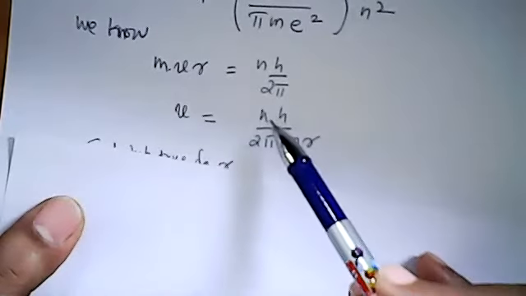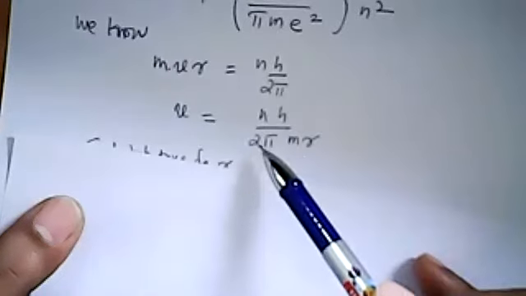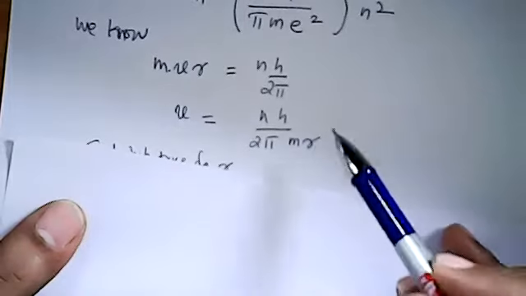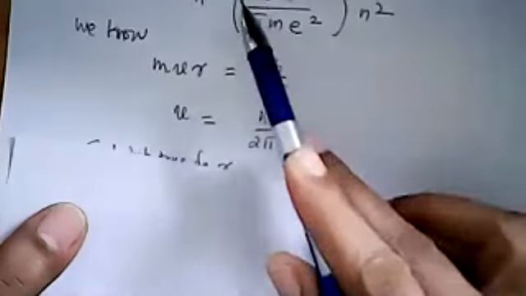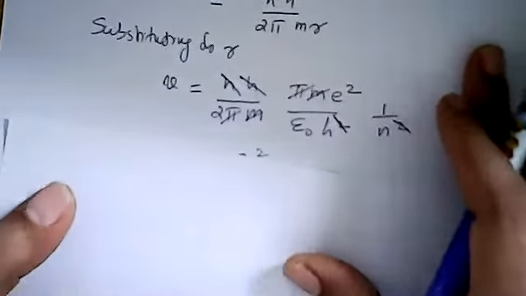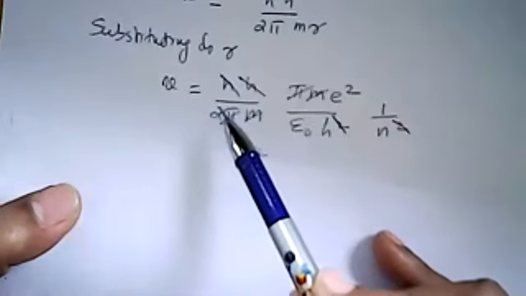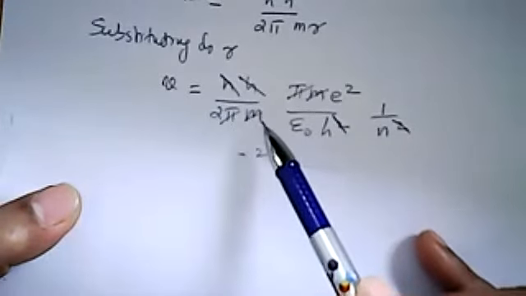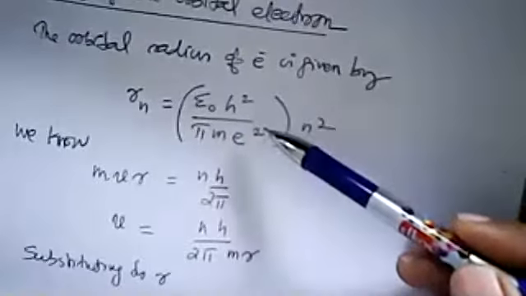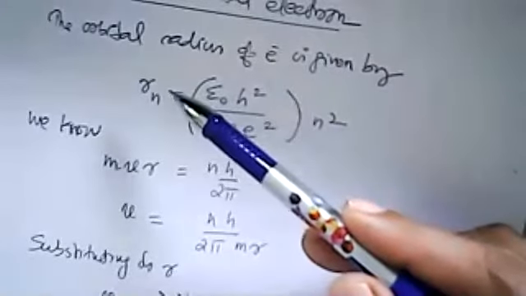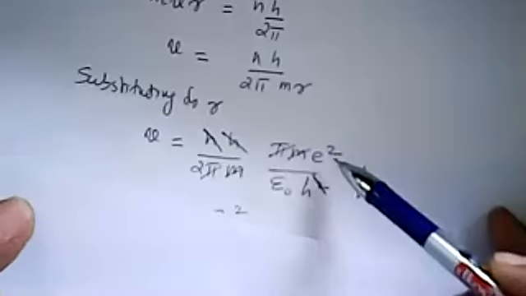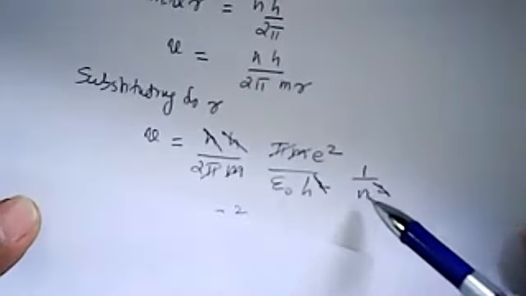So v equals n h by 2 pi m r. Now substitute for r from this expression. So you get n into h by 2 pi m, then 1 by r, which is the reverse of this one: pi m e square by epsilon 0 h square n square.